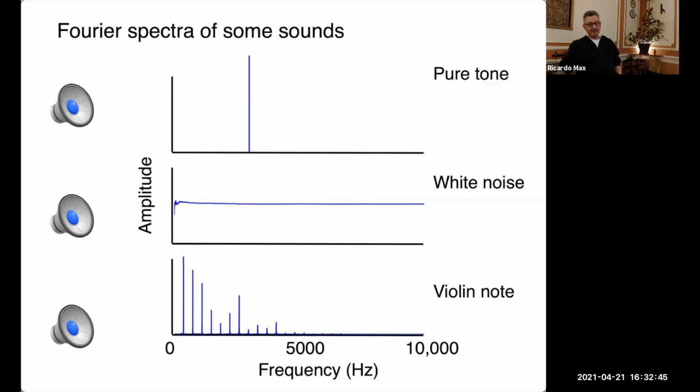And a violin. So different combinations. In a violin, as you can see, you have a lot of different wavelengths, different sounds called harmonics that combine together.